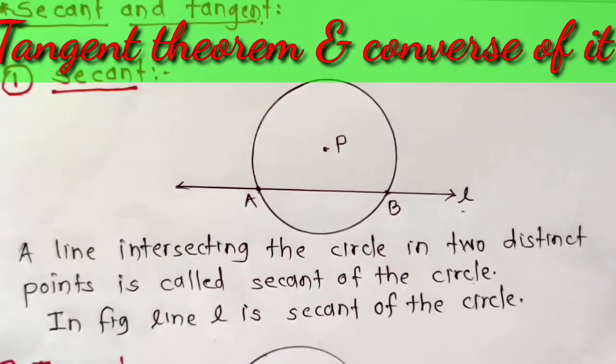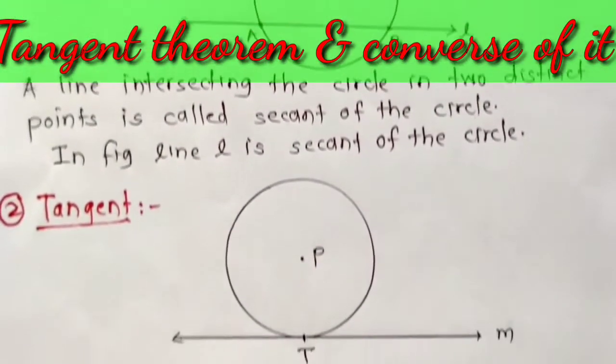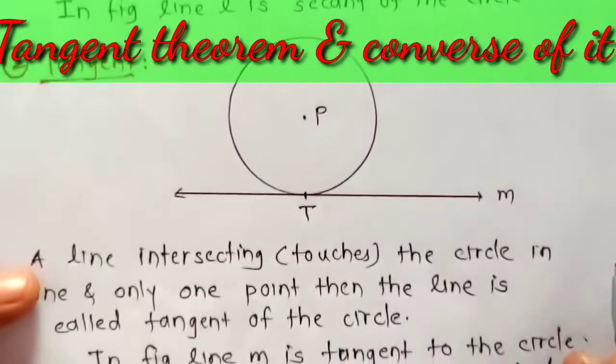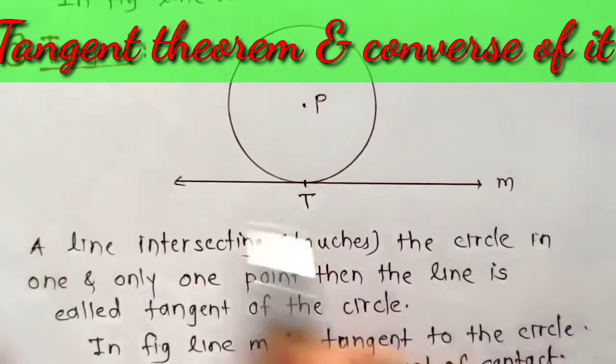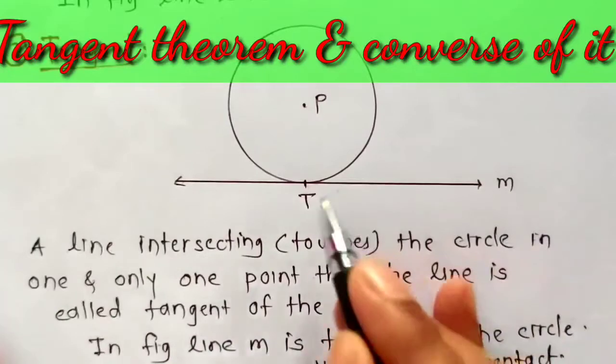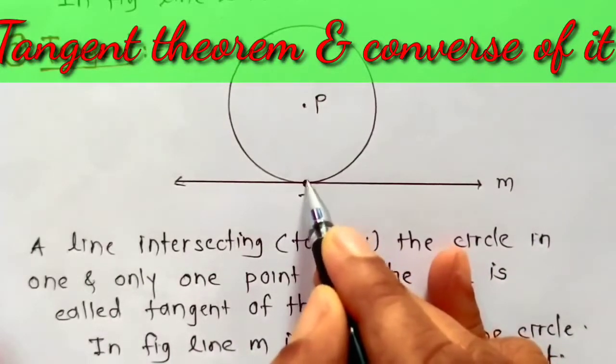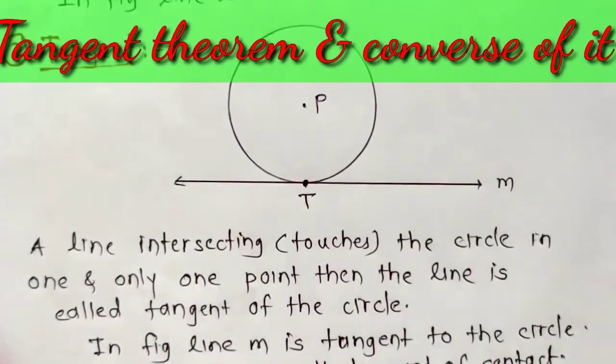Now, the next concept is tangent. Let us see here. One figure is given, with a line M. The circle and the line have one and only one point in common. If the line touches the circle in one and only one point, then that line is called a tangent of the circle.